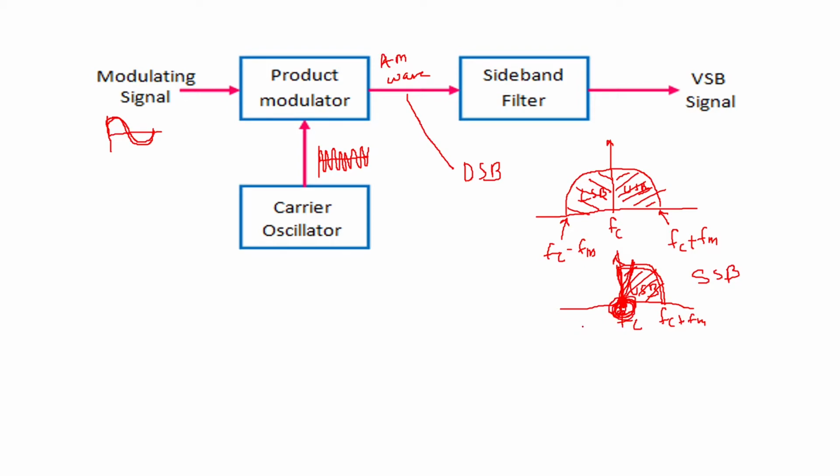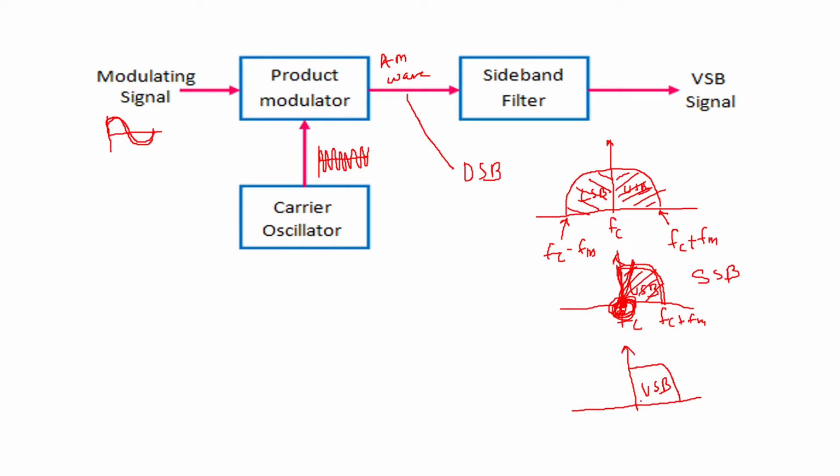So to avoid a filtering action which might lose information, we will have a filter which filters out a complete sideband, that is the upper sideband, say.